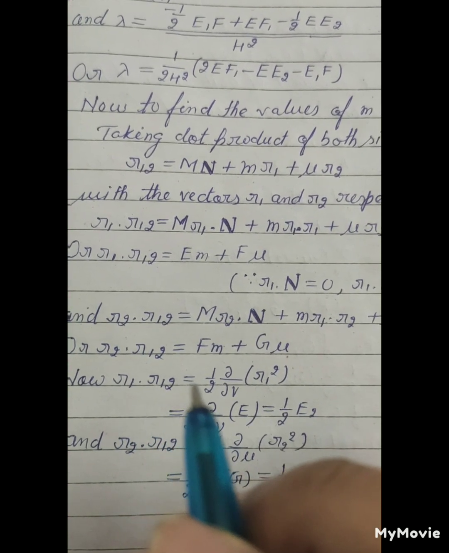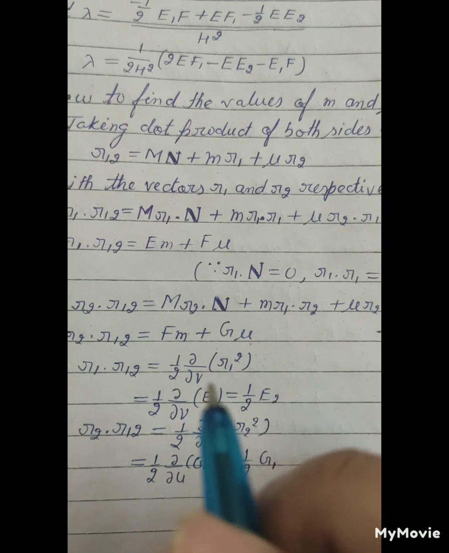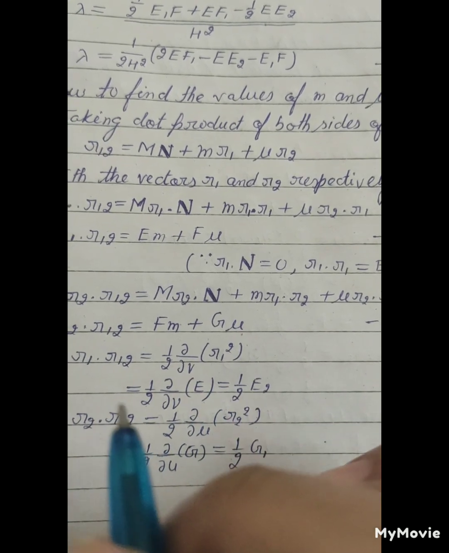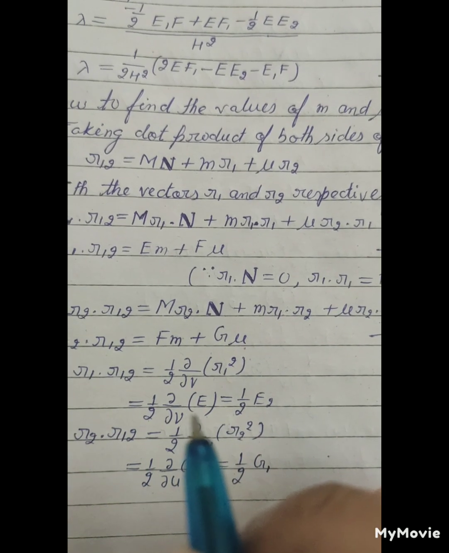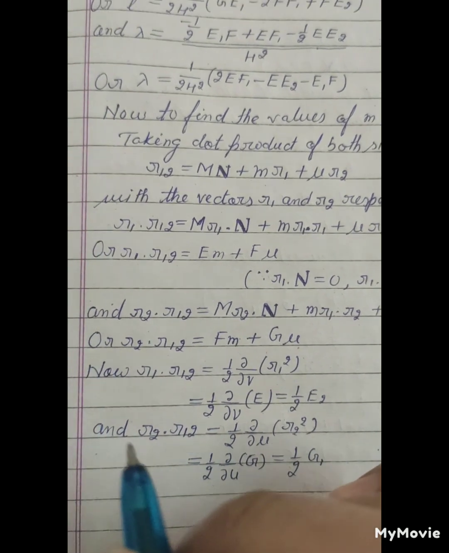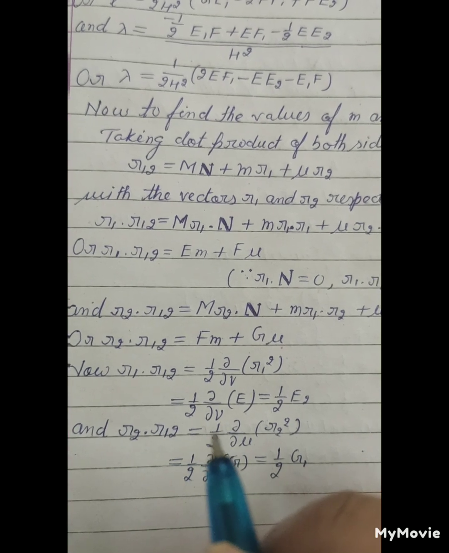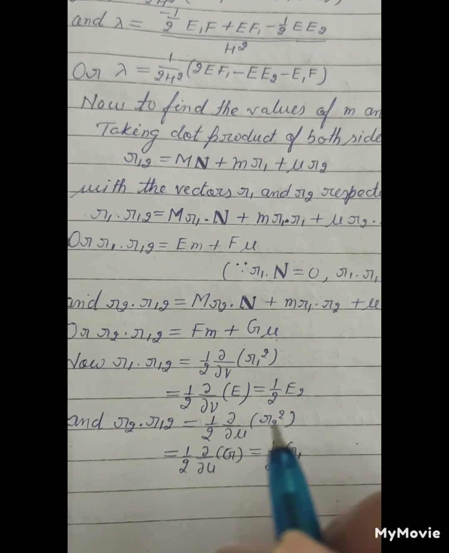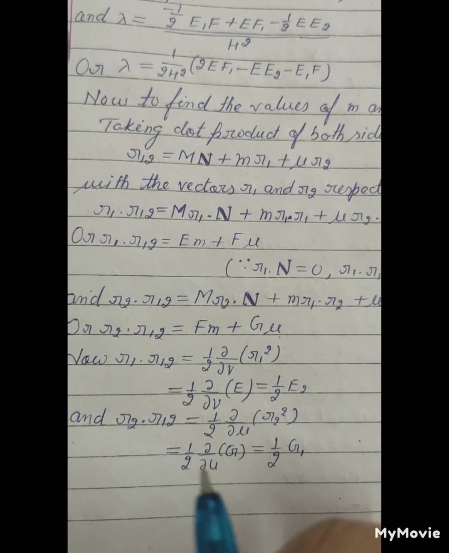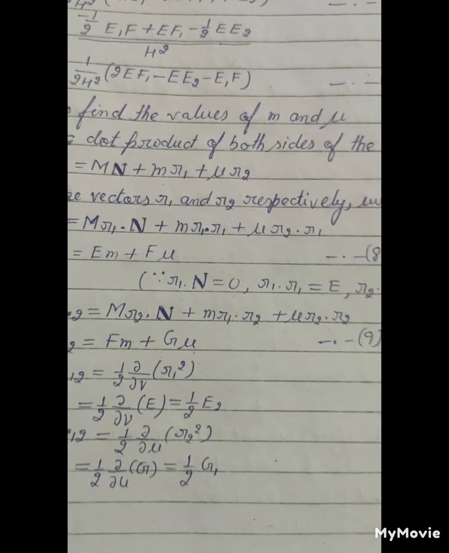Now r1 dot r12 equals 1 upon 2 del over del v of r1 square equals 1 upon 2 del over del v of E equals 1 upon 2 E2, and r2 dot r12 equals 1 upon 2 del over del u of r2 square, 1 upon 2 del over del u of G equals 1 upon 2 G1.